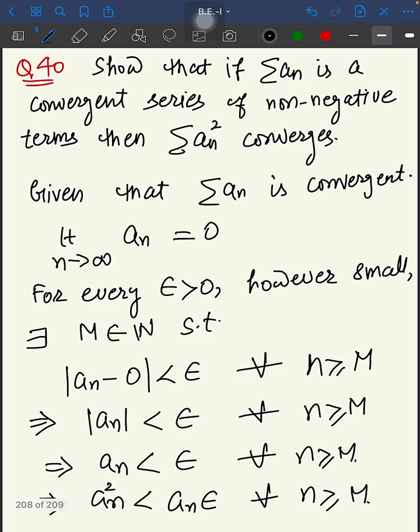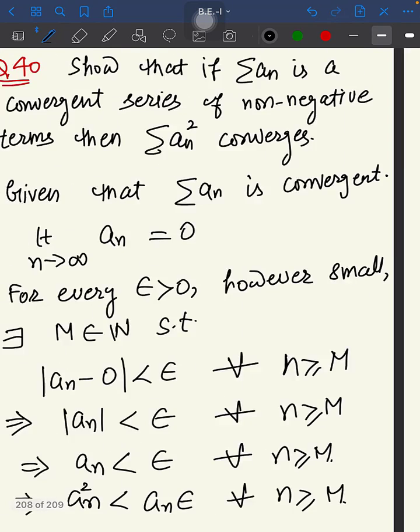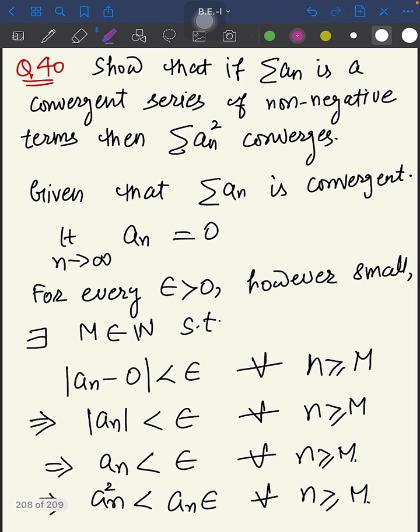Now you see that this inequality can be used to apply the comparison test, right? It is given to us that summation an is convergent. So if summation an is convergent, then of course epsilon times summation an is also convergent. So if epsilon times summation an is convergent, then the smaller series, that is an square, is also convergent. So that's how we're going to use it.